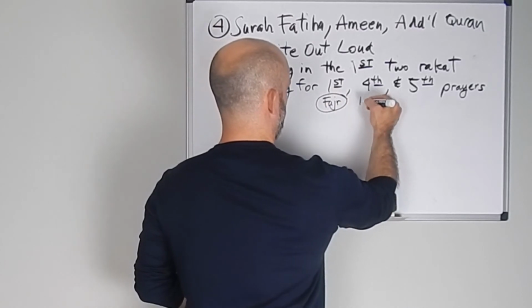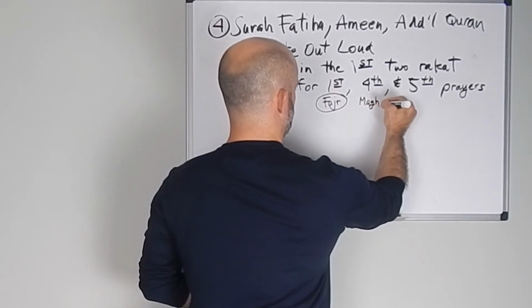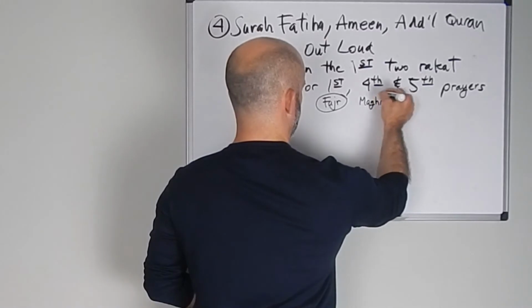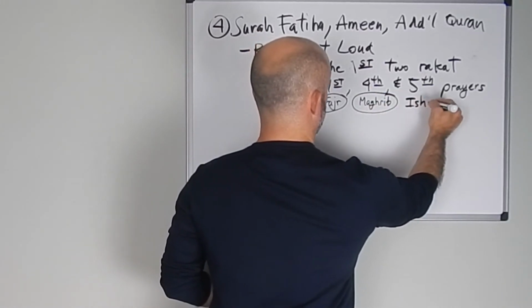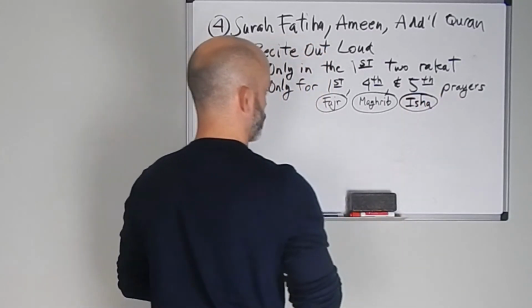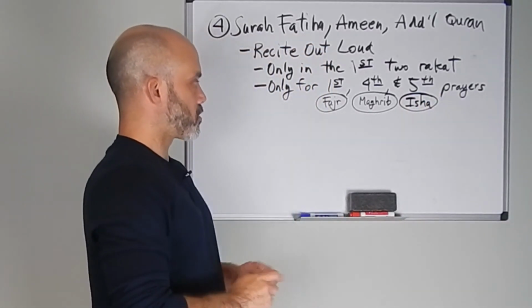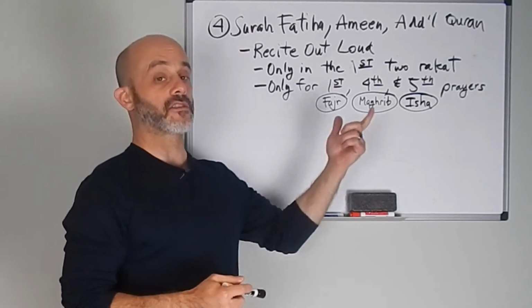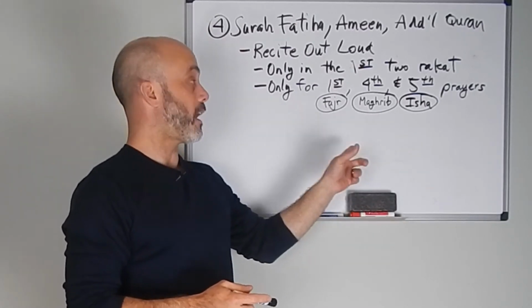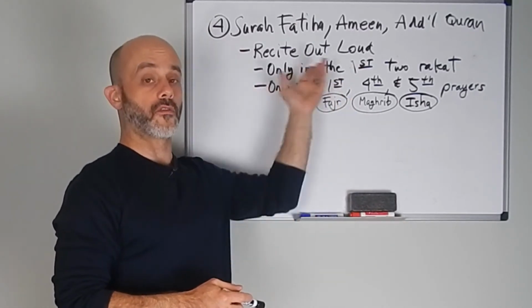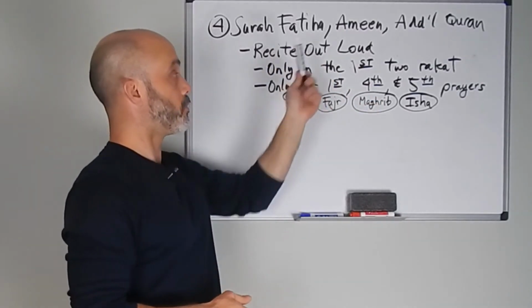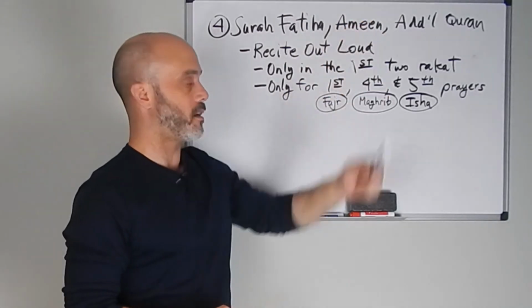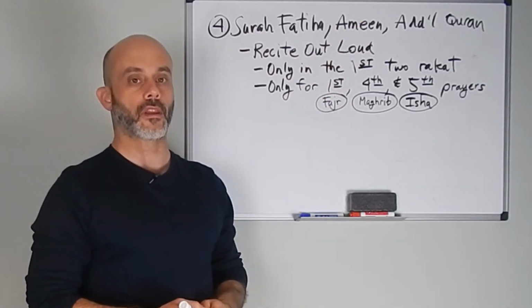The 4th prayer is the sunset prayer, Maghrib. And the 5th prayer is the evening prayer, Isha. So if it's the first or the last 2 prayers, and you're in the first 2 rakat, then you will be reciting Surah Fatiha, Ameen, and additional Quran out loud.